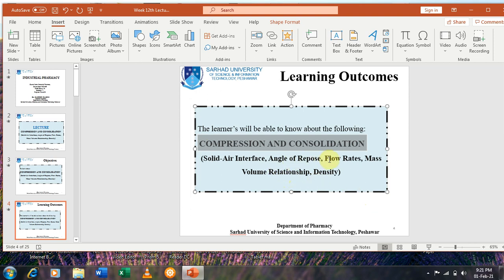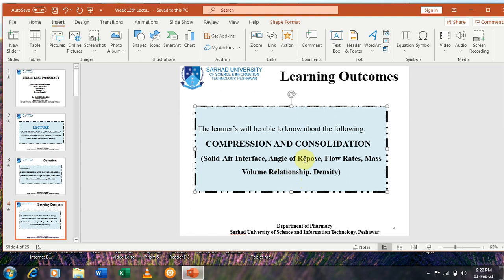And the angle of repose, that is for the powder flow properties, whether the powder bed is good flowing, excellent flow, or poor flow, and how much quantity of the flow property enhancing material, that is lubricant, mostly magnesium stearate, is used depends upon the flow properties.